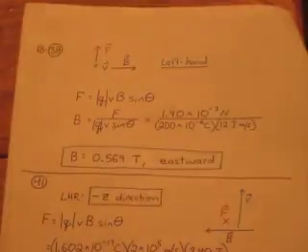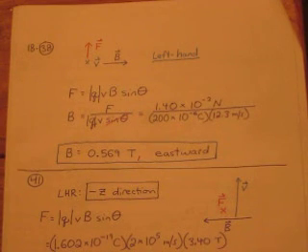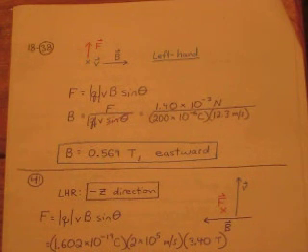Number 38. A negative 200 microcoulomb charge, so it's negative, moves downward. Find the magnetic field required to produce a northward magnetic force of 1.40 millinewtons. Use the left-hand rule on the negative charge, and see that the magnetic field goes eastward.